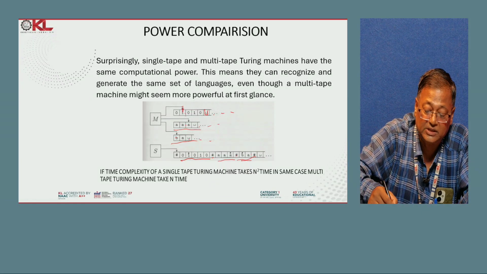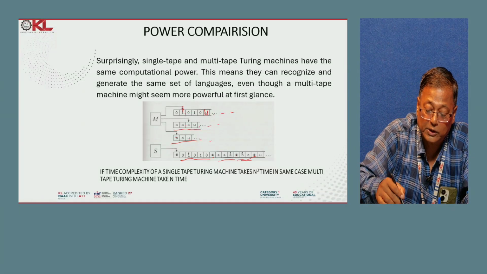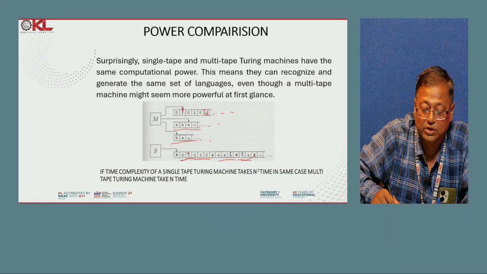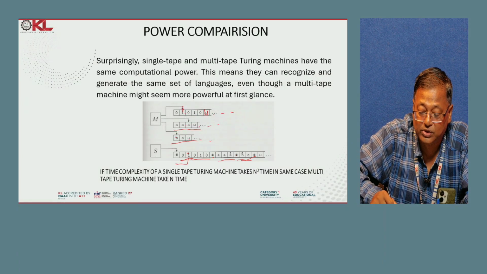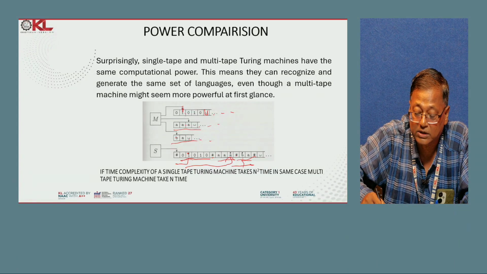Since it is an infinite tape, we can keep infinite symbols. Where the head position is, I will give a marker: this is the head position of tape 1, this is the head position of tape 2, and this is the head position of tape 3.